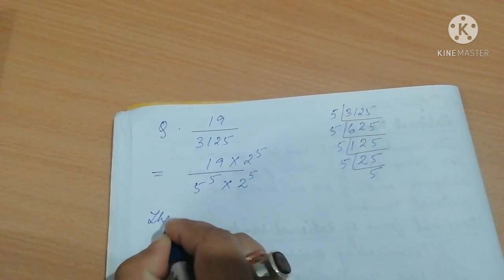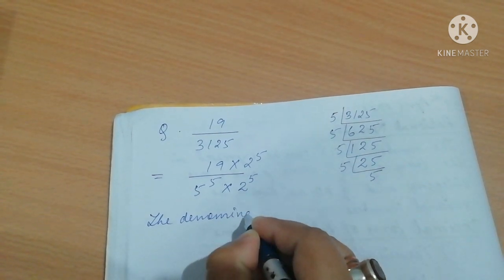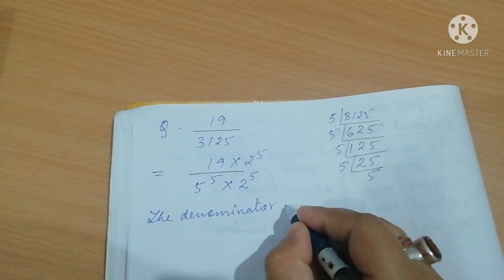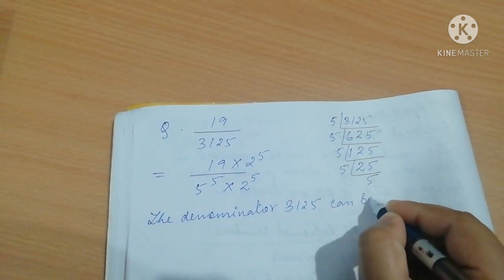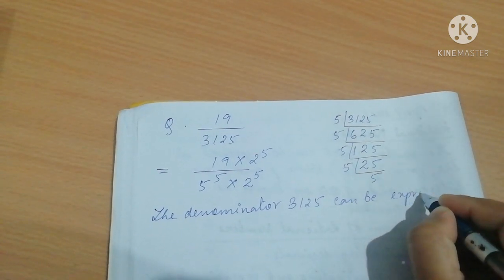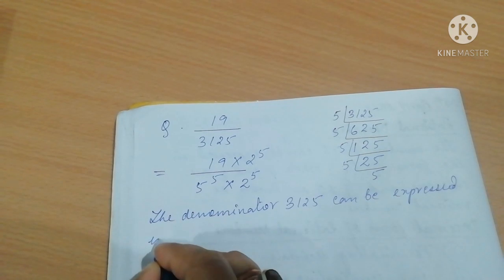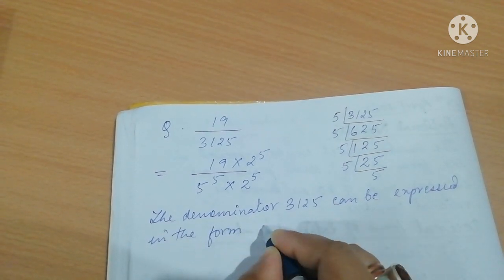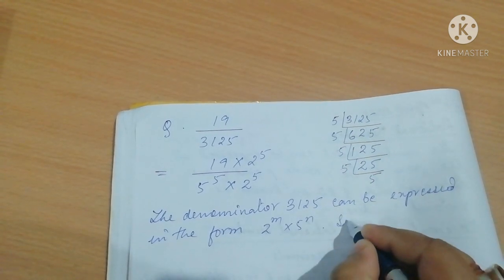So I can conclude the denominator (3125) can be expressed in the form 2 to the power m into 5 to the power n.